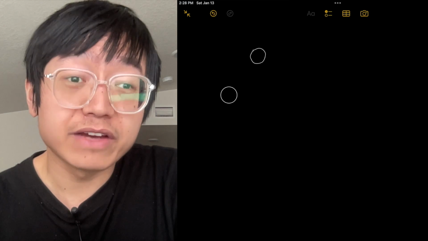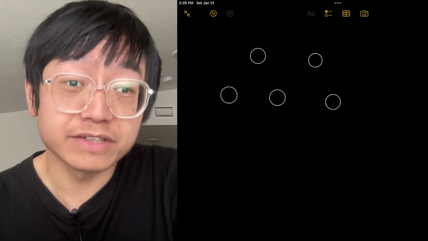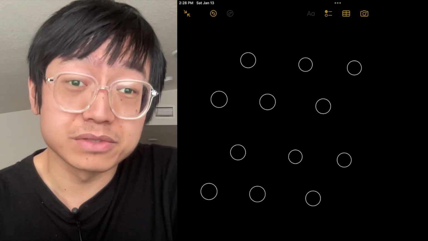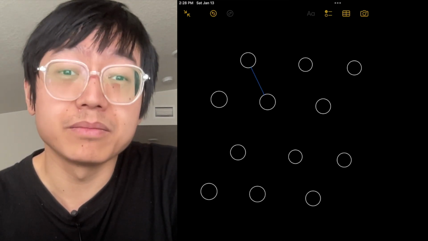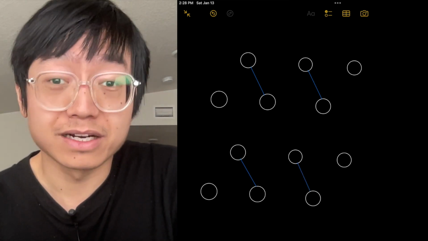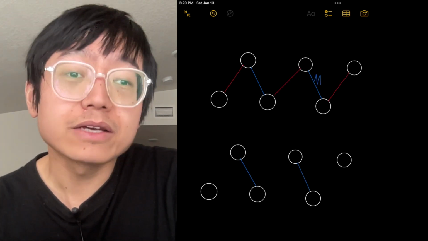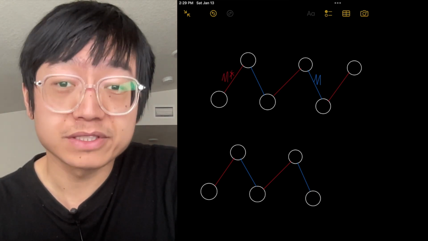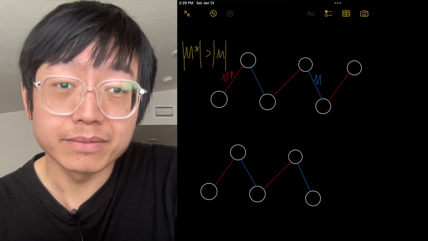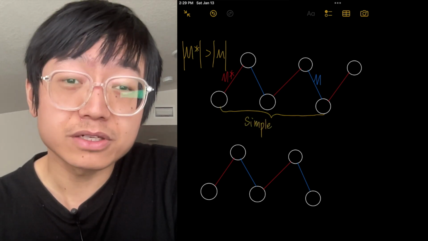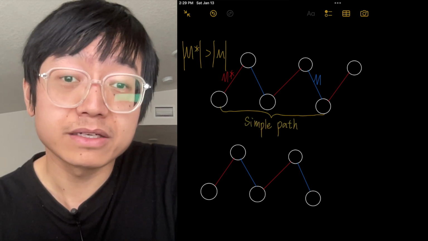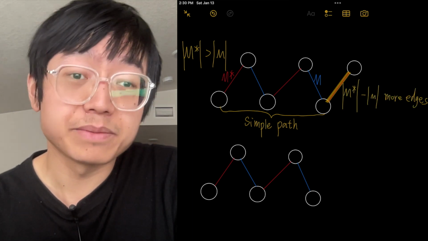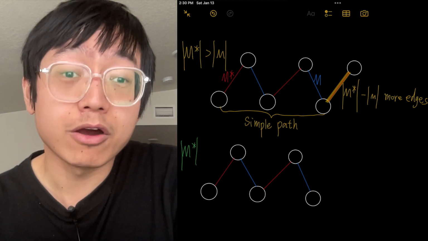If the cardinality of M star is greater than the cardinality of M, then E prime must contain the cardinality of M star minus the cardinality of M more edges from M star than from M. Each cycle in G prime would have an equal number of edges from M and M star, and the simple paths in G prime would account for the cardinality of M star minus the cardinality of M edges from M star, and each of these paths would be an M-augmenting path.